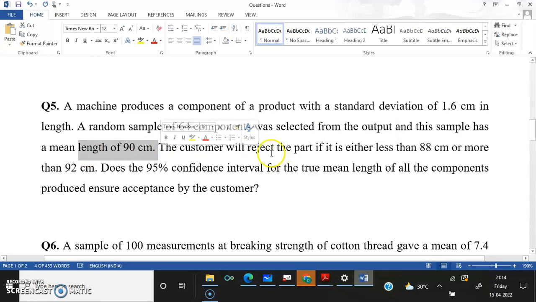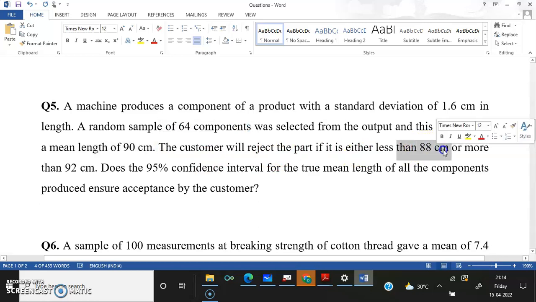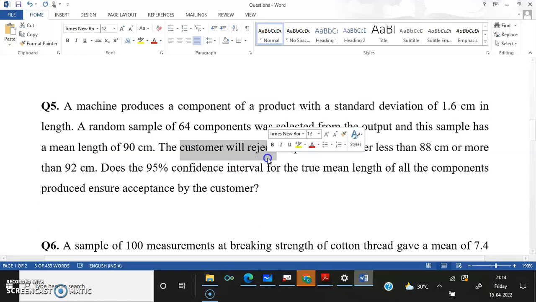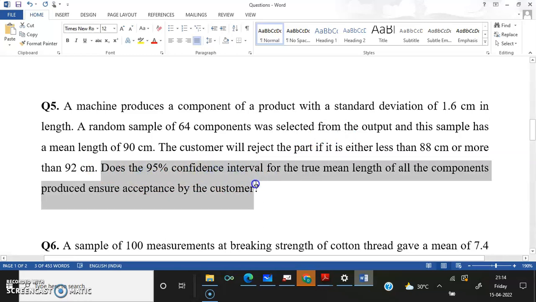And then one more data is given: if it is less than 88 centimeter or more than 92 centimeter, the component will be rejected by the customer. So now the question is, does the 95% confidence interval for the true mean length of all the components produced ensure acceptance by the customer?